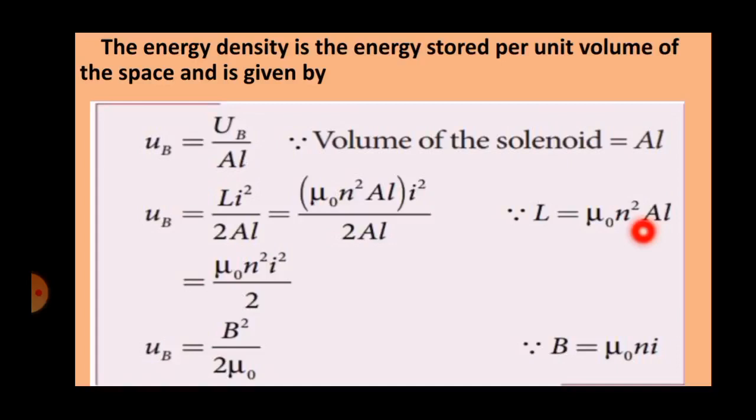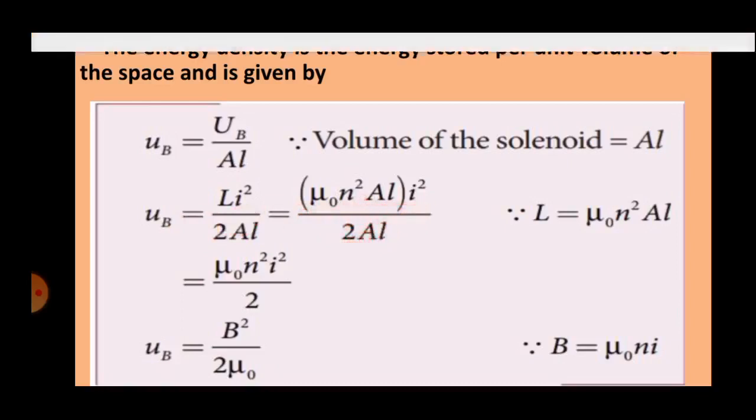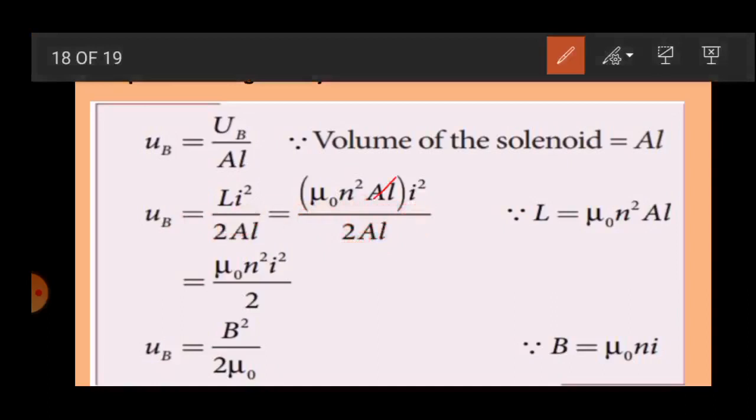We discussed this before. Now substitute here. Therefore small ub is equal to mu naught n square AL into I square divided by 2 AL. Now AL is cancelled. Therefore small ub is equal to mu naught n square I square divided by 2.